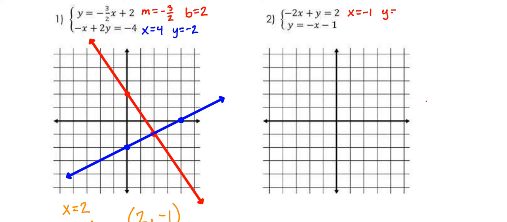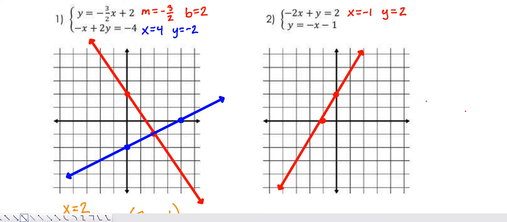And then for y, when I cover up my x term, y just equals 2. So x is negative 1 on my graph, y is 2. And connecting those. I think that's close enough there.